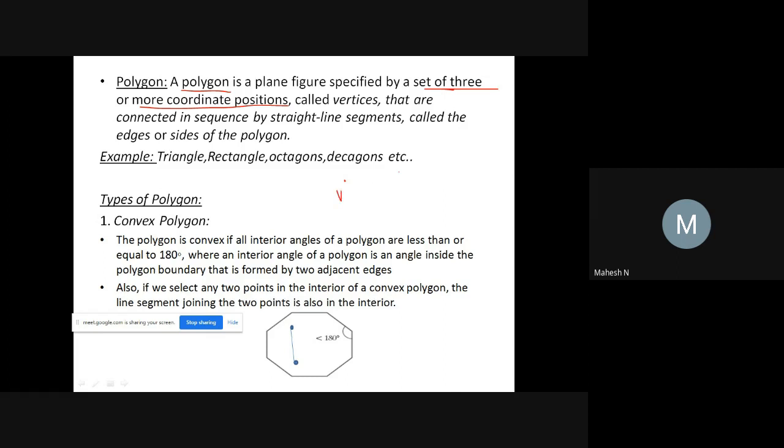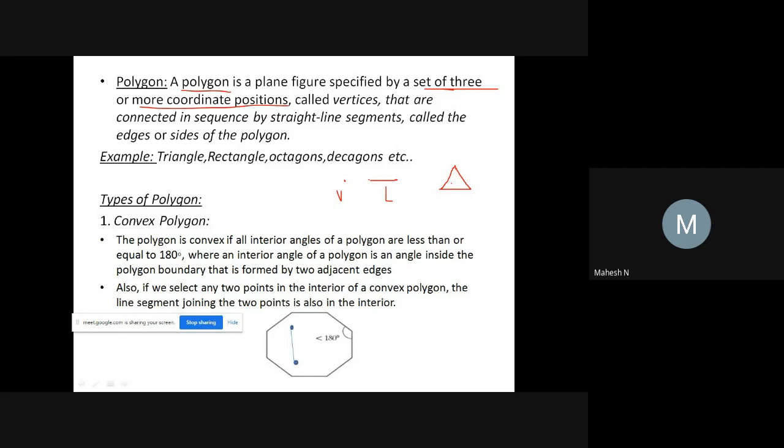If I have two points, with those two points I can draw a line, and a line is also not called a polygon. So a minimum of three vertices is needed, and the object formed by those three or more points is called a polygon.